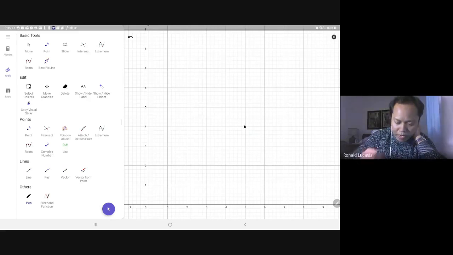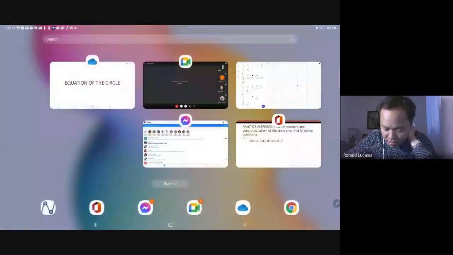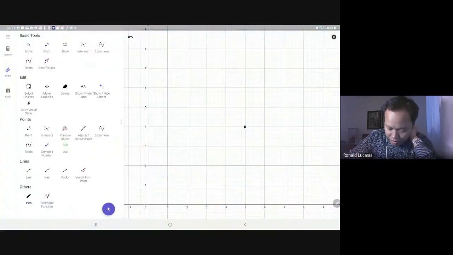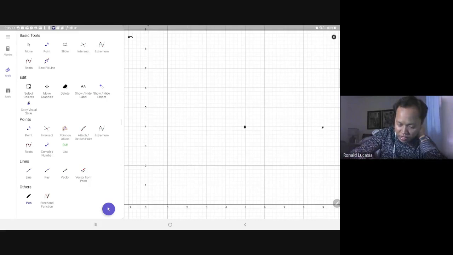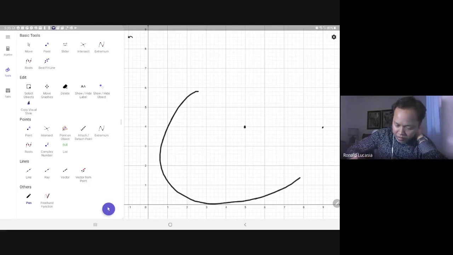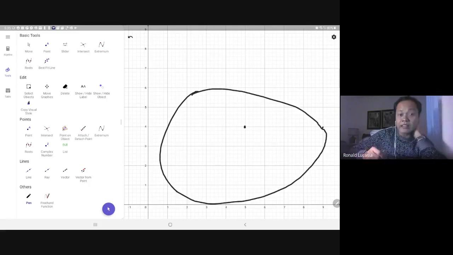Tapos yung isa, ano ngayon? 9, 4. Dadaan daw siya kay 9, 4. Dito. So, para ang circle mo ganito. Dadaan daw siya dito. Something like that.